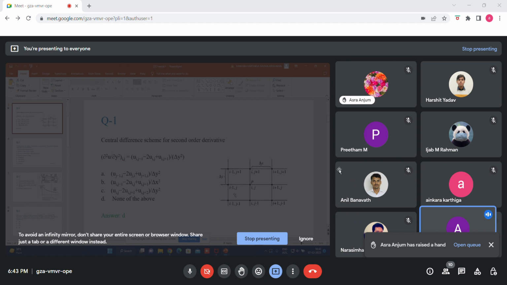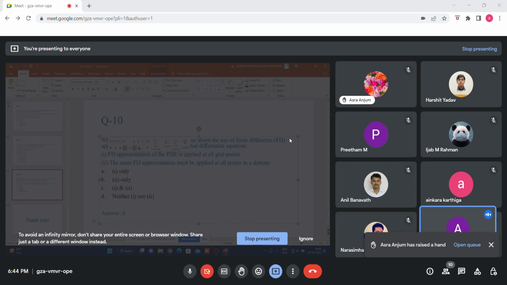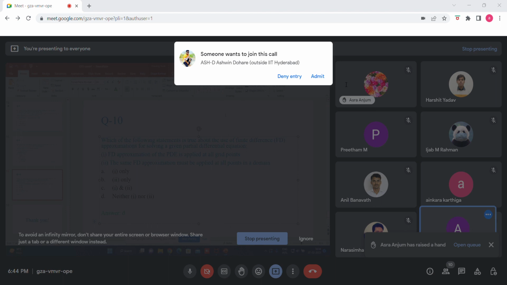Because of the boundary conditions, these values will be known, so we need not use finite difference at these wall conditions. The values will be known from the geometrical identification. So FD approximation of the PDE is not applied at all grid points.